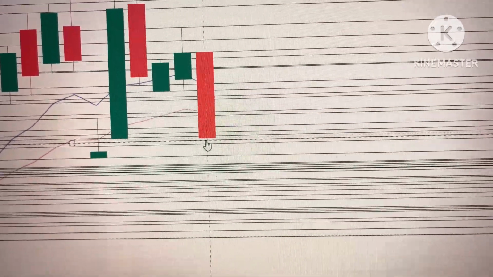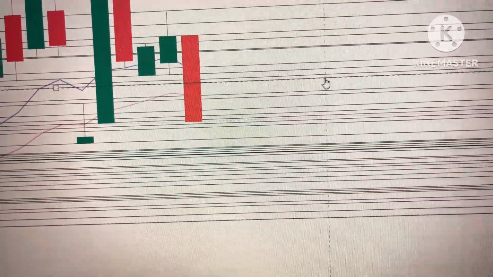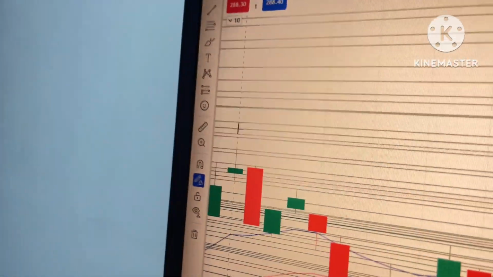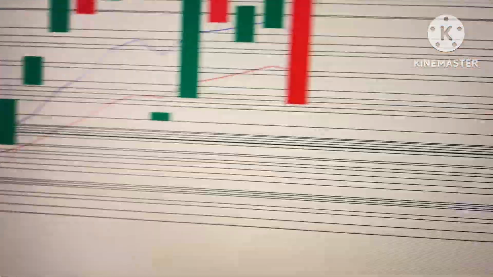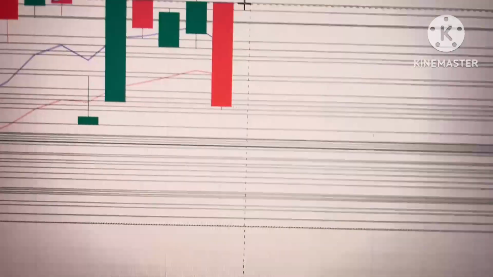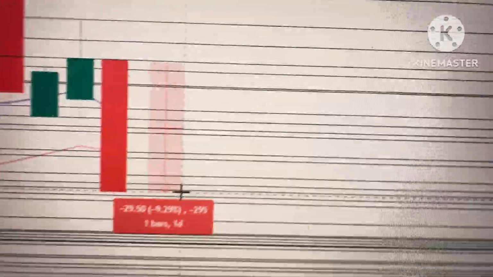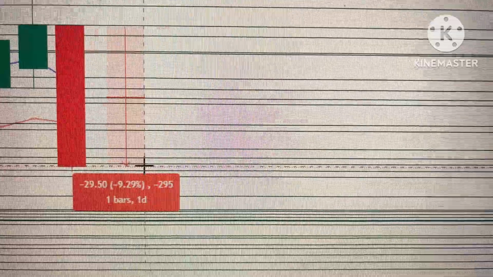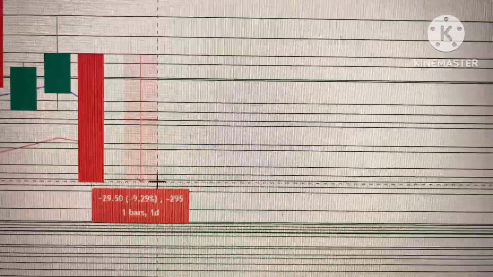We have to take 50% of this candle and draw a line in the center. You can use this scale given over here and make 50% of that like this, and you could see the center line. There you draw a line and make it a different color, because these are black lines, so make it red.